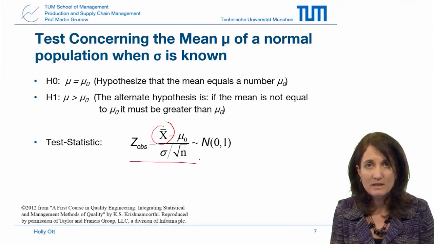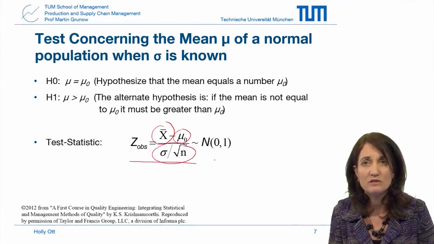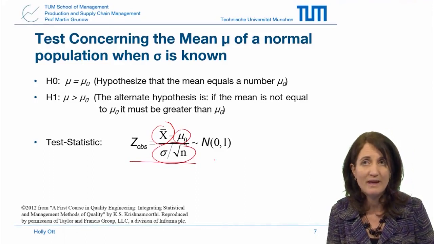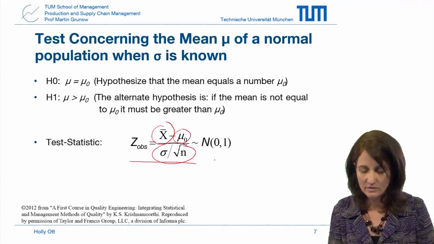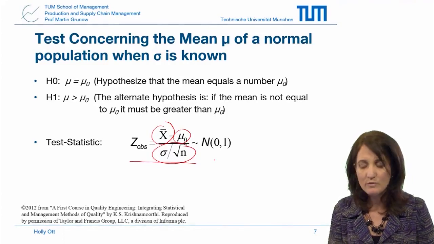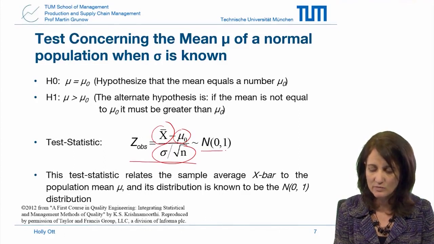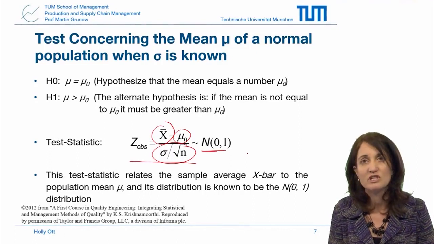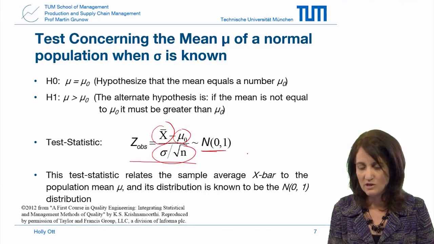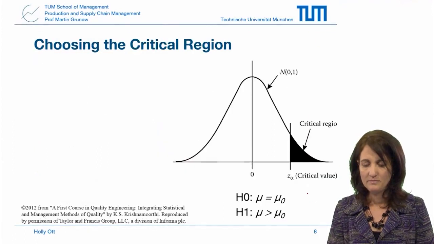We subtract the mean, or the mu0, and we divide by the standard deviation, which is sigma over the square root of n for our x bar, where n is the sample number, the number of articles in the sample. And we know that this normalized test statistic is distributed with a mean equal to 0 and a standard deviation equal to 1. So this should sound very familiar. This is exactly what we did in the last section.